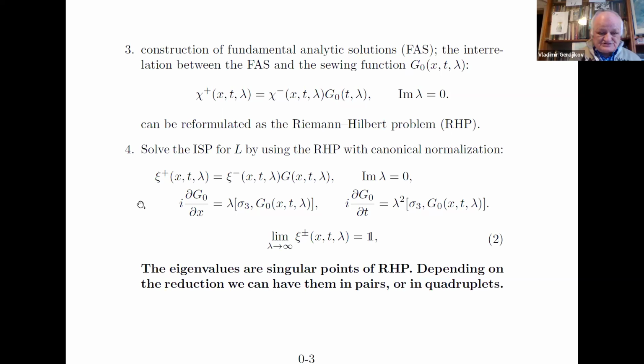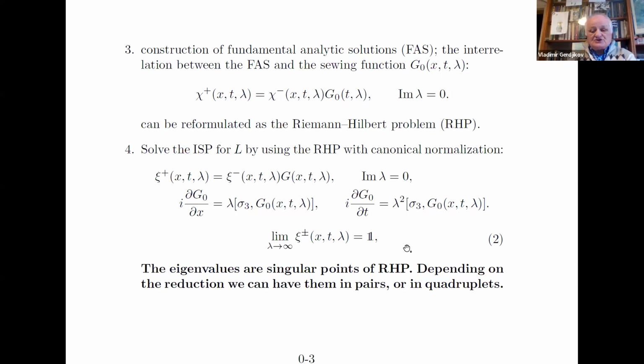In this situation, the function G satisfies these two simple linear equations, one with respect to x and the second with respect to time. And finally, we have canonical normalization, namely the limits of psi plus and psi minus for lambda going to infinity equals the unit matrix.